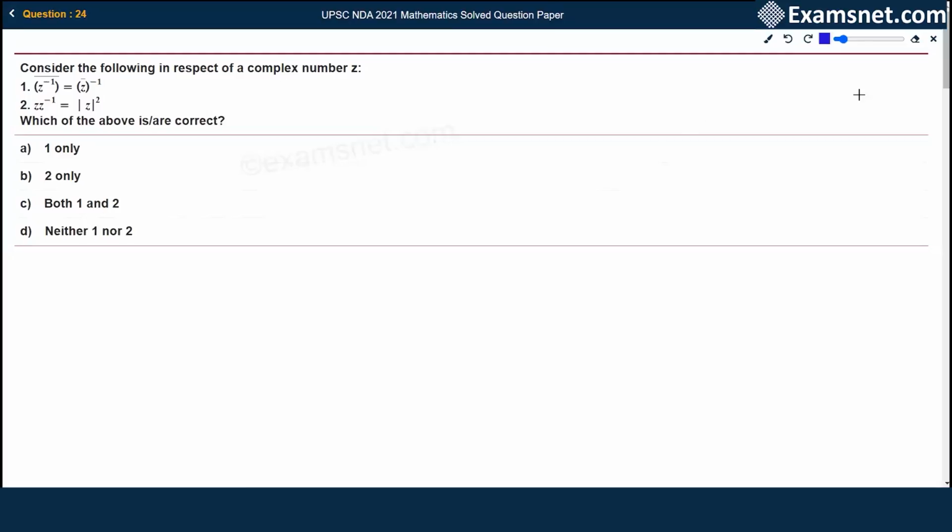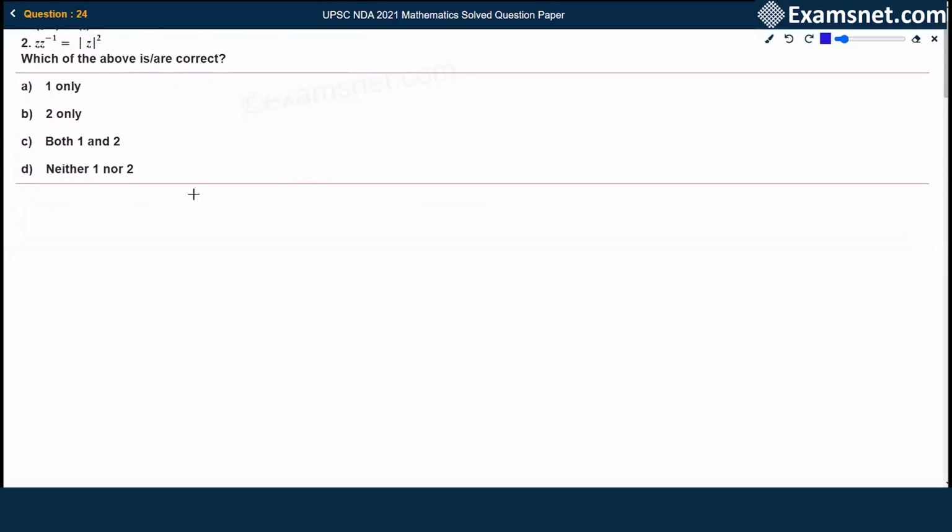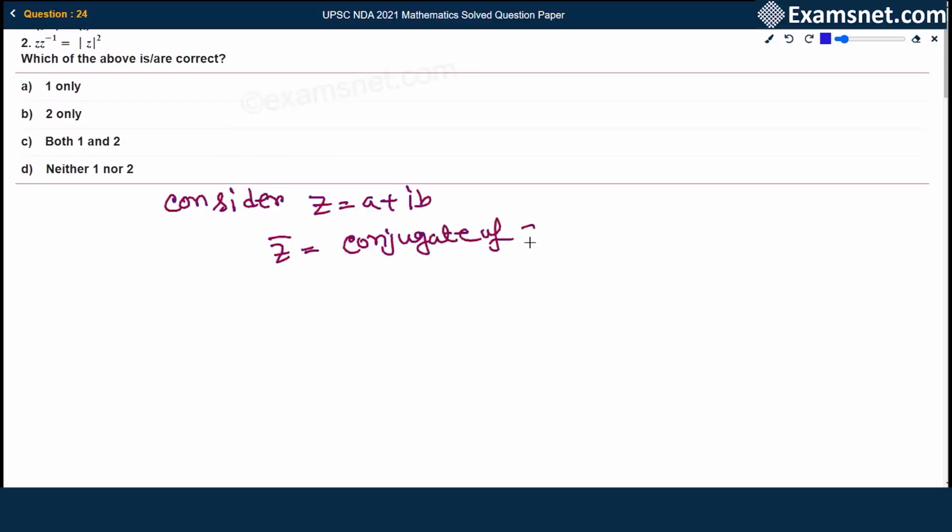First, let me discuss a few concepts regarding complex numbers. Consider z as a plus ib. Here z bar means the conjugate of z.